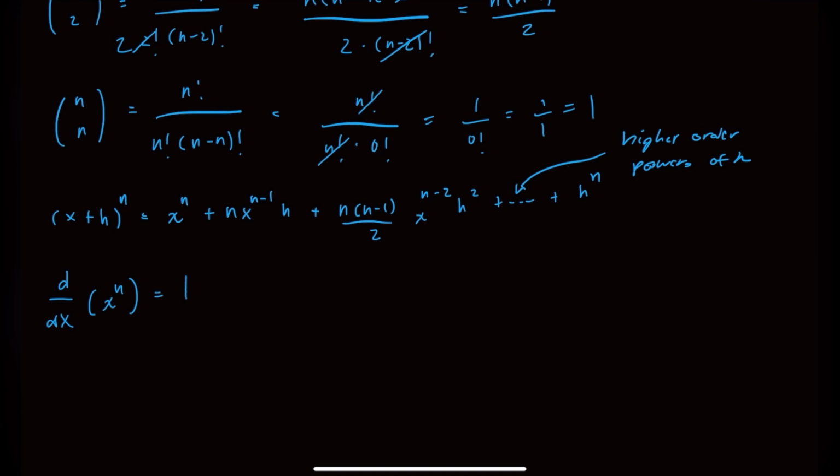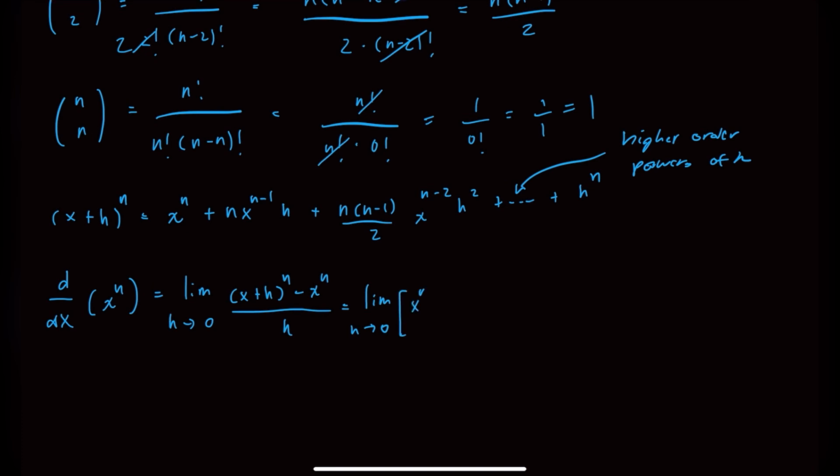So the derivative of x^n is equal to the limit as h goes to 0 of (x plus h)^n minus x^n all over h. So you have the limit as h goes to 0, and we'll just plug in (x plus h)^n.